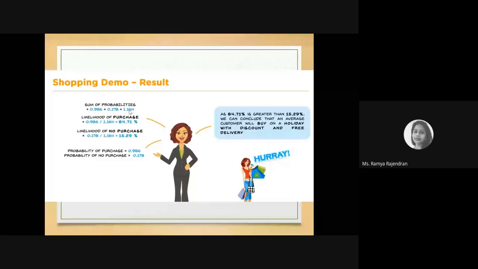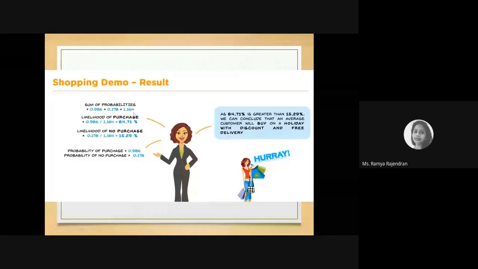We just sum up these two probabilities, 1.164, and then when you divide each of the conditional probabilities, you'll get the likelihood of purchase and likelihood of not purchase. So in percentage, almost 85% of the time, people will purchase, and for not purchase, 16%.